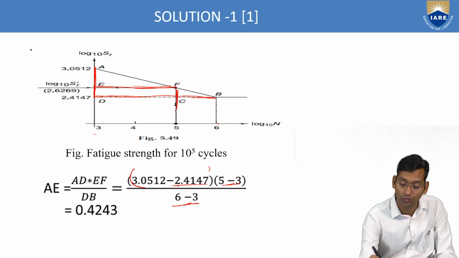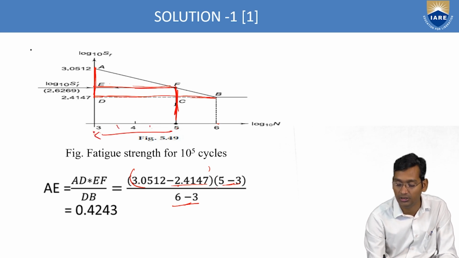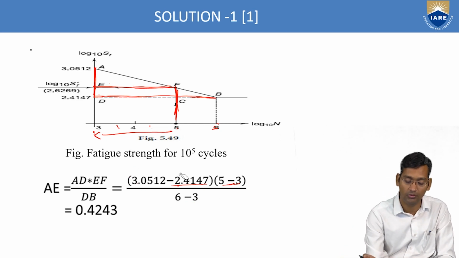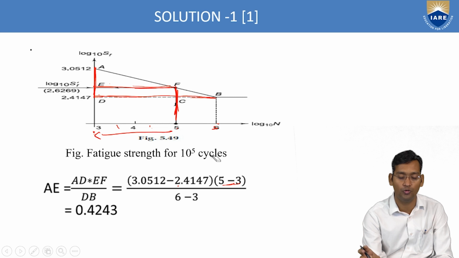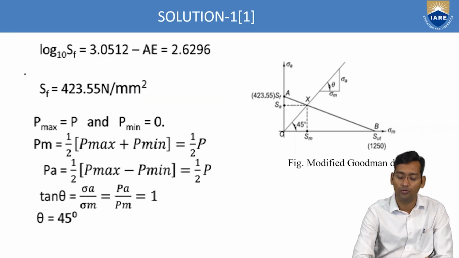This is up to 5. So this distance is how much? 3, 4, 5. So 5 minus 3. This DB is up to 6, so 6 minus 3. After putting these, what we got? A equals 0.4243.